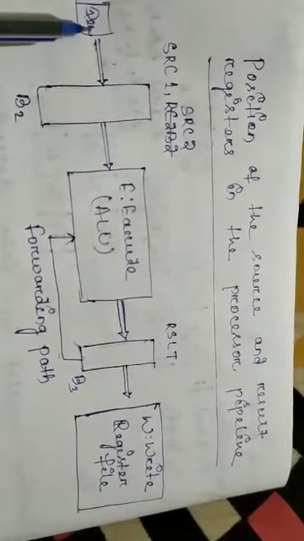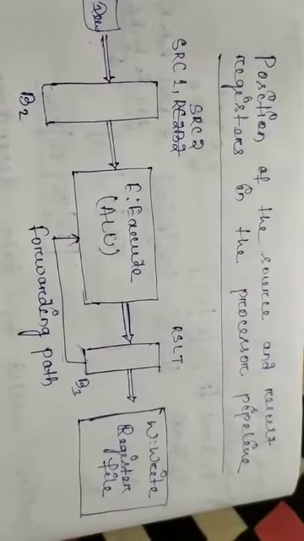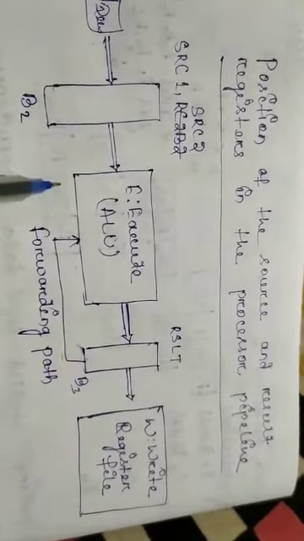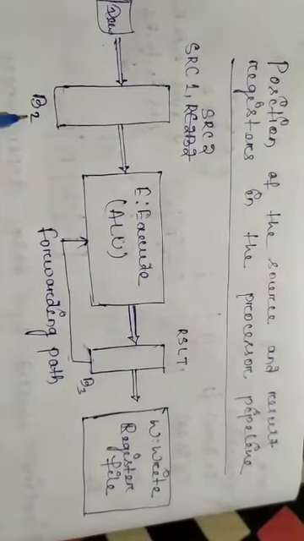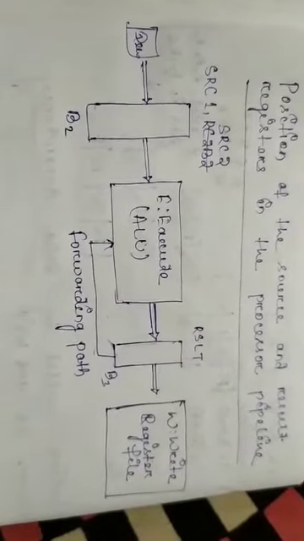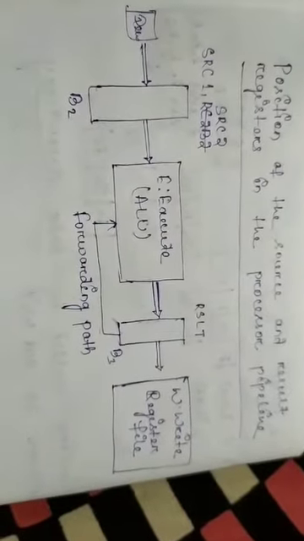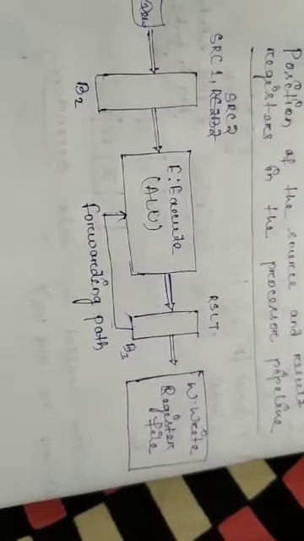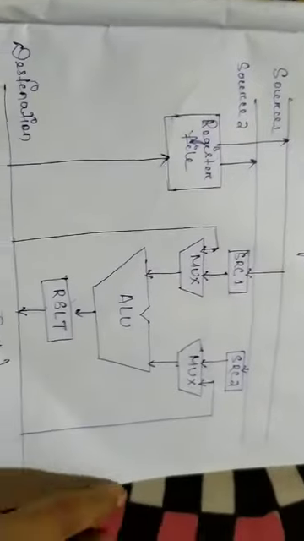Here is our decode unit, and before that we have the fetch unit. We will not go to that. We have the problem in this execution part and write part, so these registers are placed in this buffer. This is the diagram of where we have to place these registers. Let's go to the data path diagram.